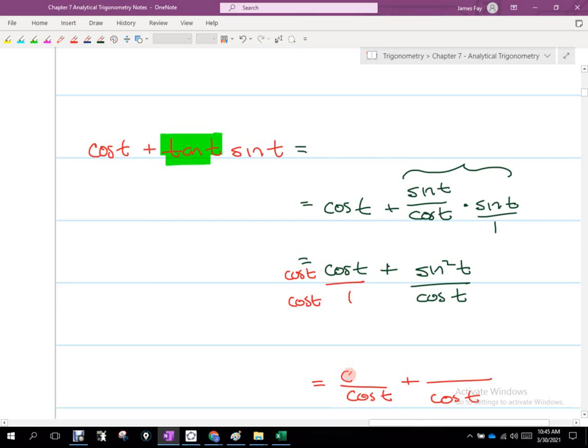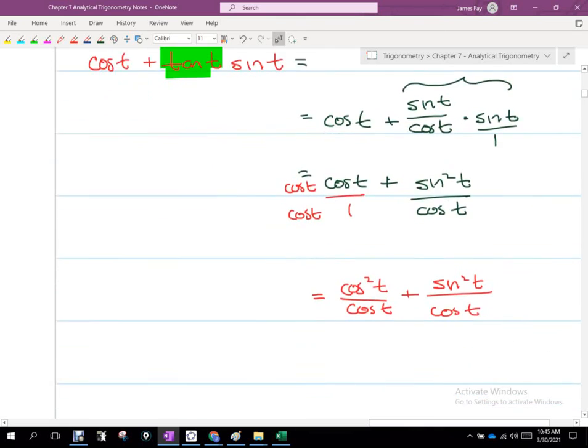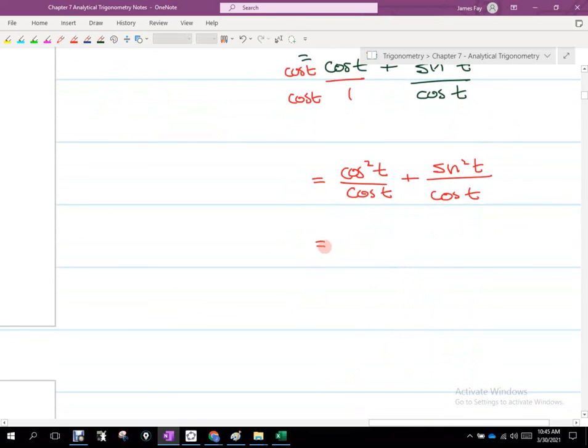No. So I'd have cosine squared t, right? Here, do I need to do anything? So that's going to leave me with sine squared t, right? Now that you have a common denominator, what can you do? Add them together. So I get cosine squared t plus sine squared t over cosine t. Recognize anything?